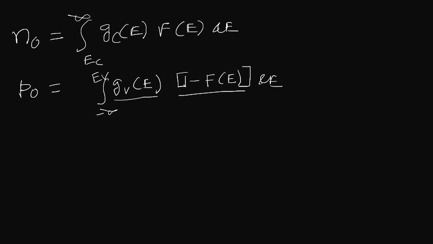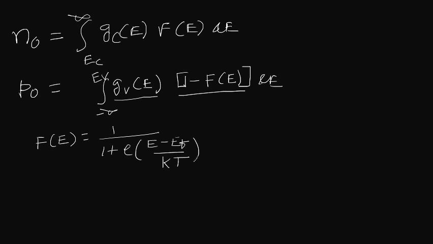To start with, we have the Fermi-Dirac distribution function, f of E, given mathematically as 1 divided by 1 plus e to the power (E minus EF) divided by kT.